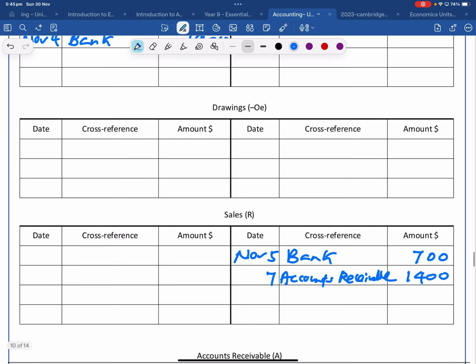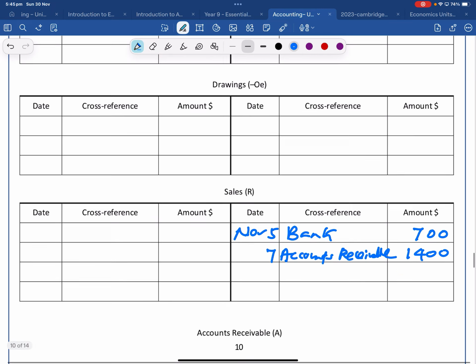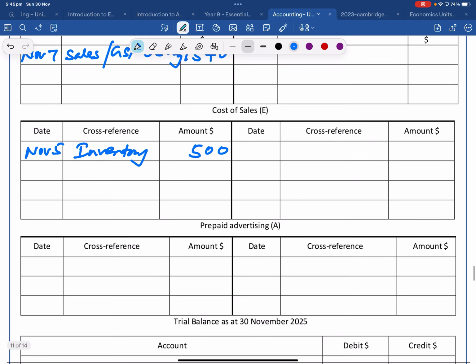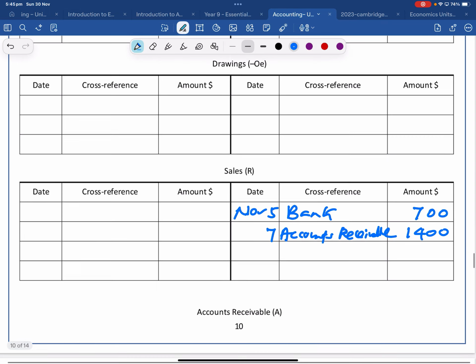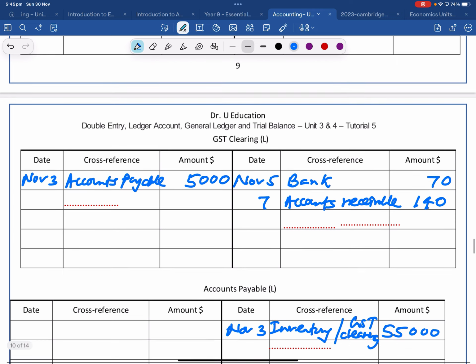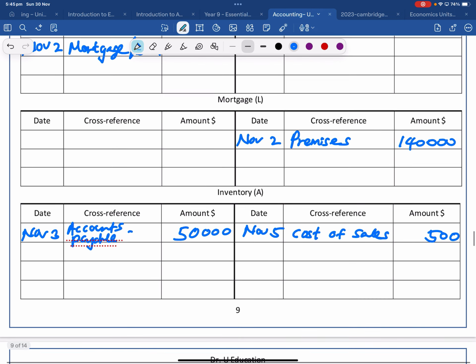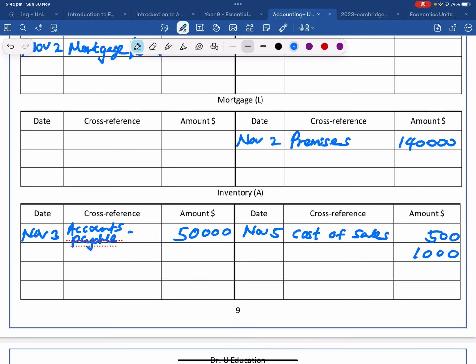Then hold on, I think I missed something. Okay, we'll record this one. Cost of sales, what happens, guys? 1,000. November 7th, saying inventory. Then inventory is what? Credited 1,000, saying cost of sales. Okay, what did I miss?